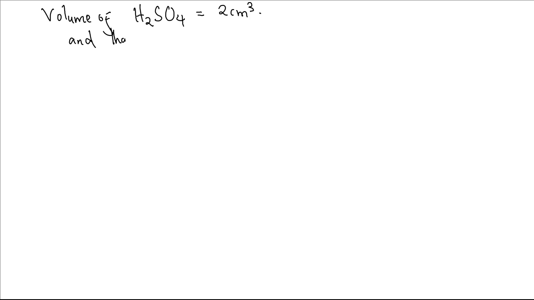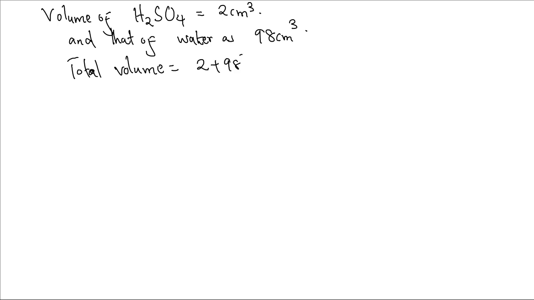For example, when dissolving sulfuric acid, let us take volume of sulfuric acid to be 2 cubic centimeters and that of water as 98 cubic centimeters, meaning total volume of solution will be 2 plus 98, giving 100 cubic centimeters.